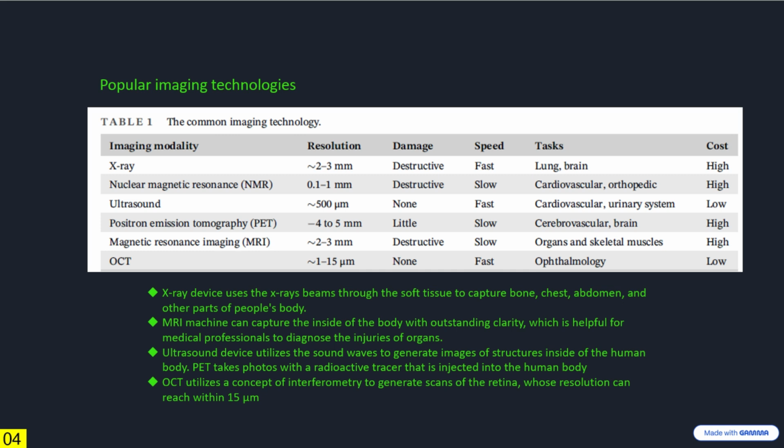And OCT utilizes the concept of an interferometer to generate cross-section scans of our retina, and the resolution can still reach around 15 micrometers with this technique.